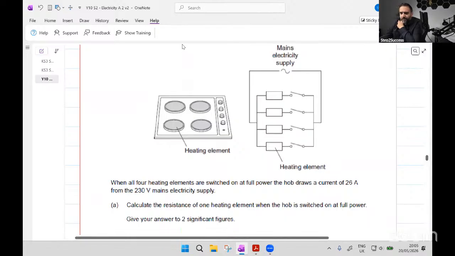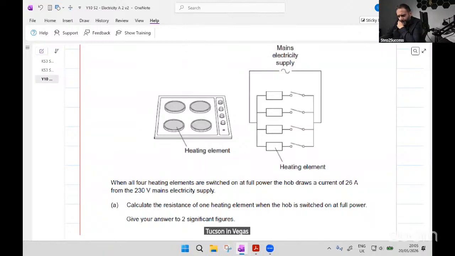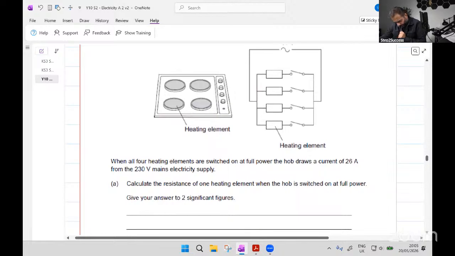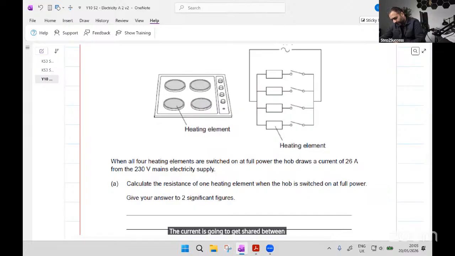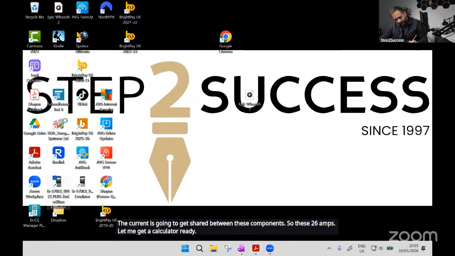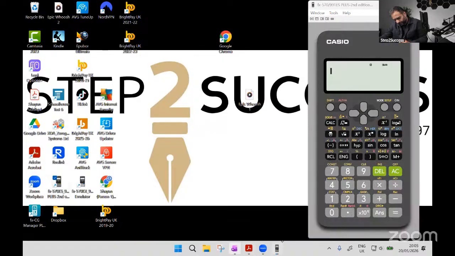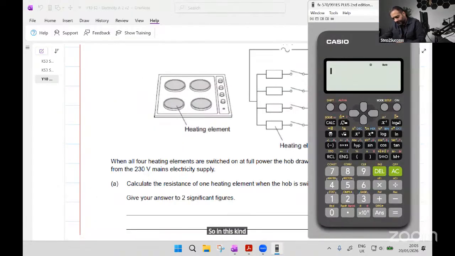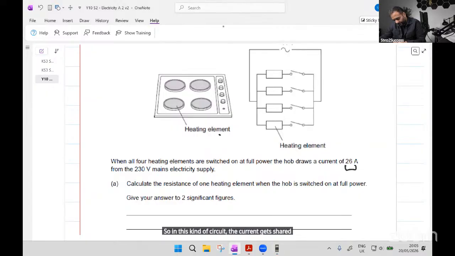Two significant figures. So the current is going to get shared between these components. So these 26 amps, let me get a calculator ready. In this kind of circuit, the current gets shared. So I think we will do 26 divided by 4.